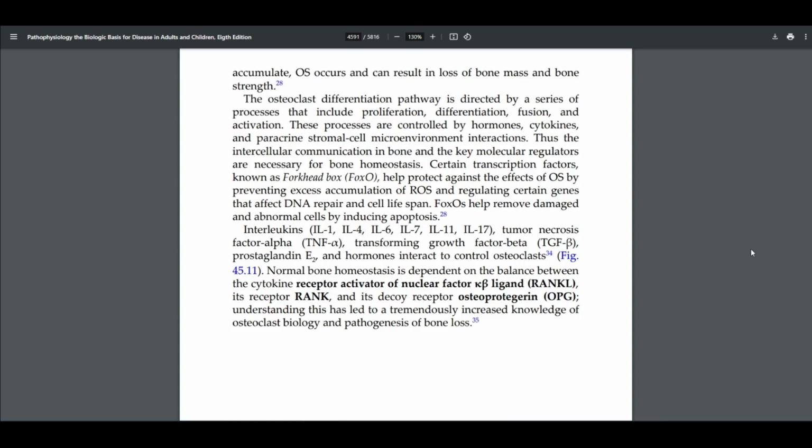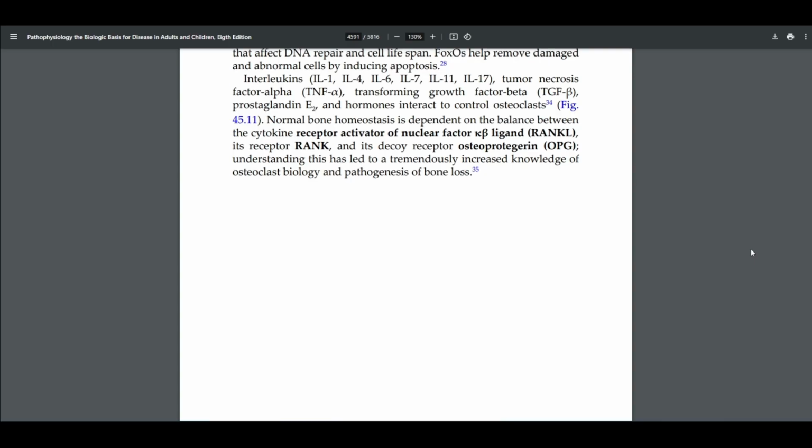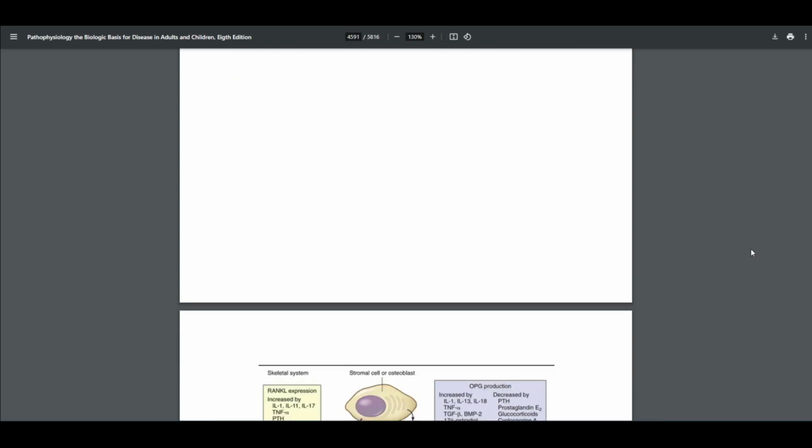Normal bone homeostasis is dependent on the balance between the cytokine receptor activator of nuclear factor kappa B ligand, the RANKL, and receptor RANK, and its decoy receptor, osteoprotegerin. Understanding this has led to tremendously increased knowledge of osteoclast biology and the pathogenesis of bone loss.